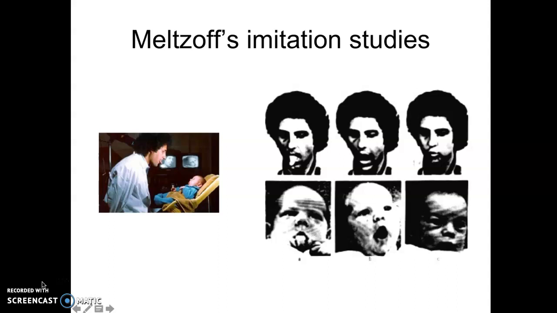And since we know that infants are capable of making those facial expressions, he tried to see if infants are more likely to make them in the few seconds or a minute after they see an adult model make them. In other words, if they're likely to imitate from birth. And that's what he did, and he coded the frequency of these facial expressions, and he concluded that they were more likely to make the one that they had just seen.